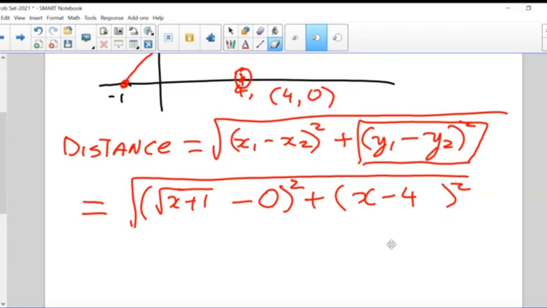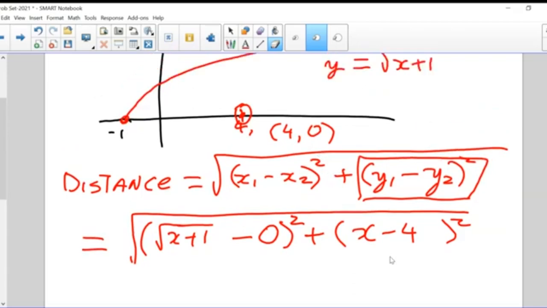This will give us the distance to any point on this function. We just put the different values of x into this, when x is 5, when x is 10, when x is 52, whatever value of x you want. This is going to give us the distance to any point along the function.